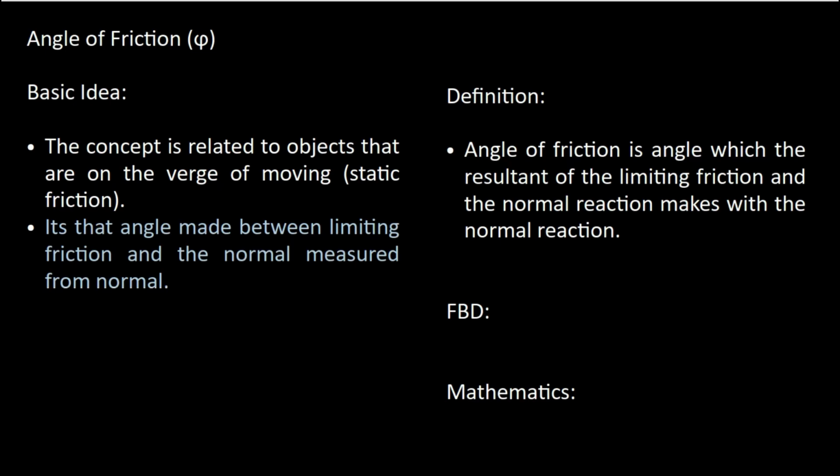So that is your math. Technically, tan of the angle of friction is equal to the coefficient of static friction. If you are able to figure out the angle of friction, you'll be able to figure out the coefficient of static friction. From there, you'll be able to figure out your frictional force related to two objects.